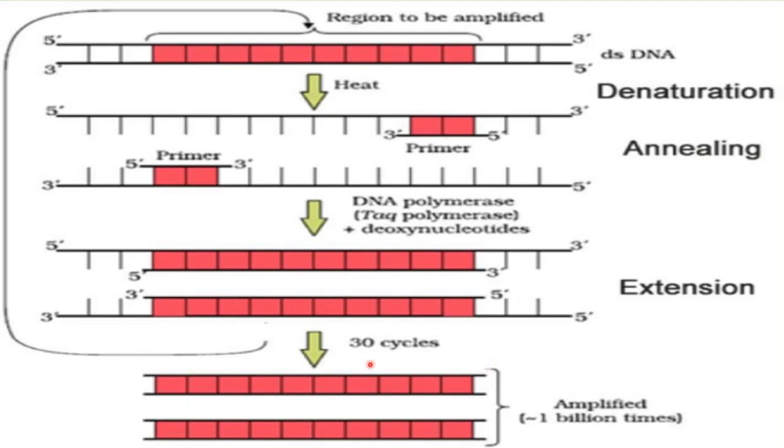Through continuous replication, the DNA segment is amplified up to 1 billion copies. The amplified fragment can be used to ligate with a vector for further cloning. So like in 30 cycles it can be amplified 1 billion times. So these are all the steps of PCR.